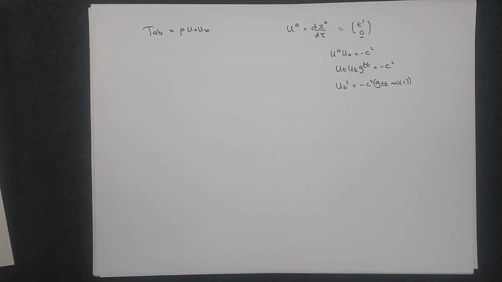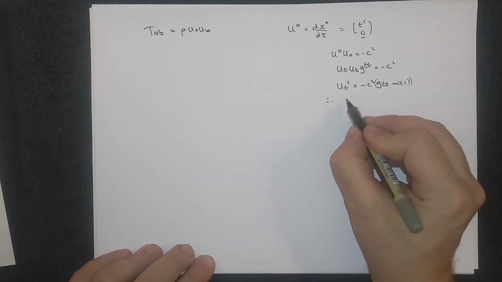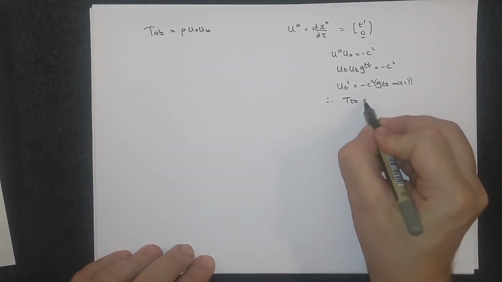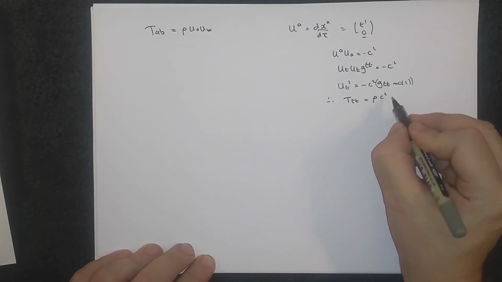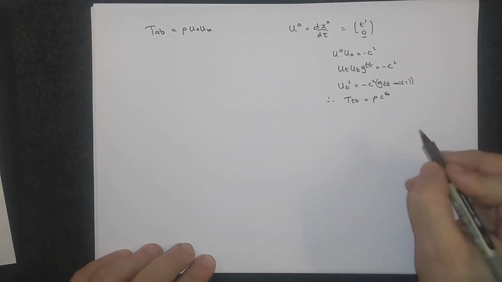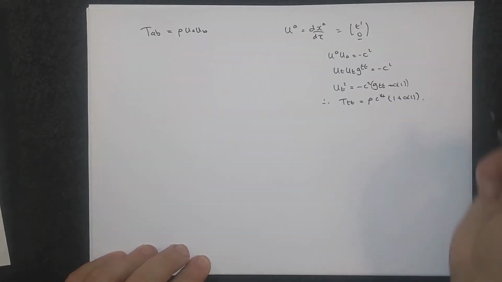Just inverting that. The metric is essentially diagonal, so I get that. Therefore, T_tt is rho c squared times another c squared into 1 plus order 1.